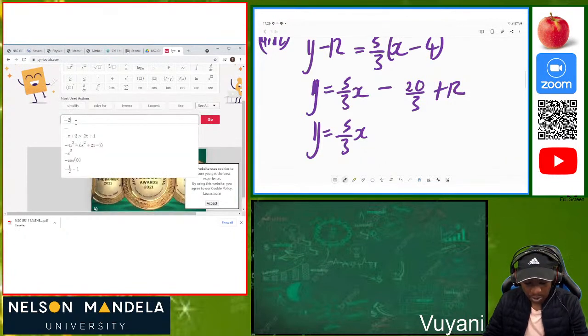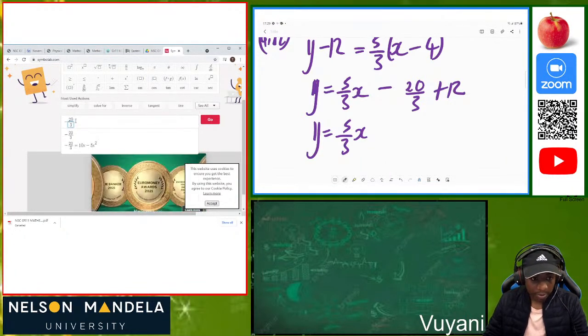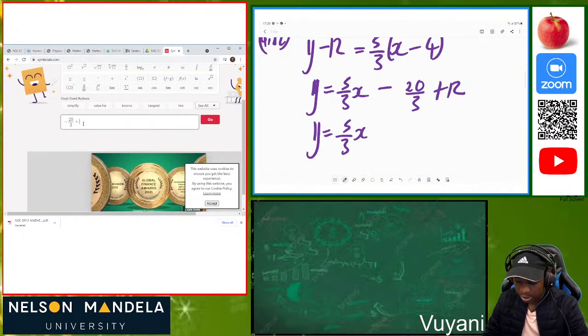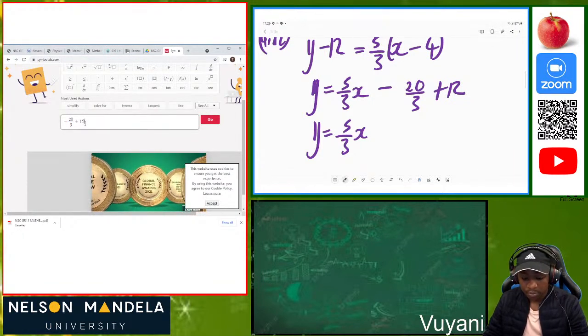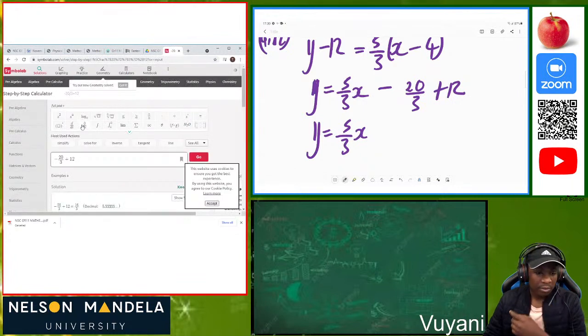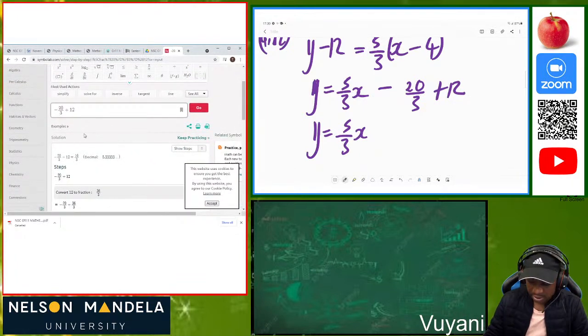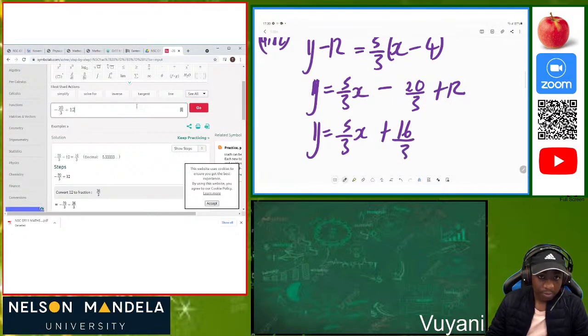Negative 20 divided by 3 plus 12 gives us 16 over 3.